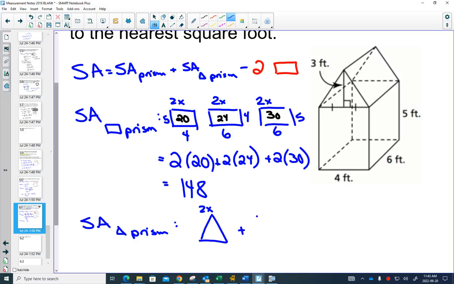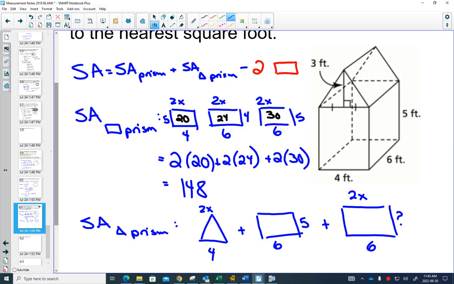Can you see that the one rectangle on the bottom is a 6 by 5, and then this rectangle is a 6 by something, and we have 2 of those. And what can I label on my triangle? I know my triangle has a base of 4 and a height of 3.